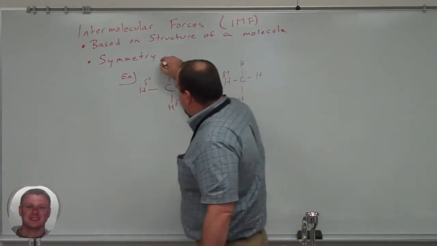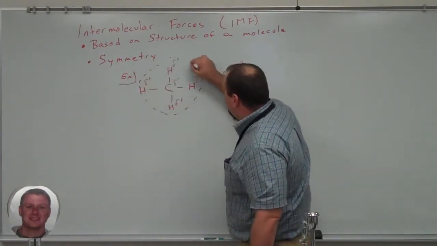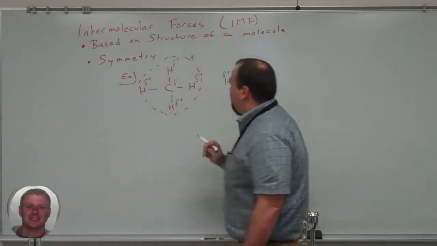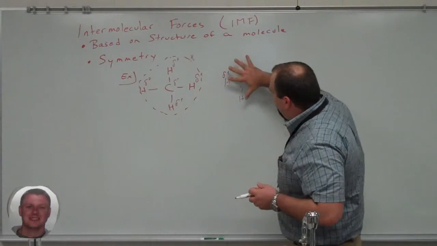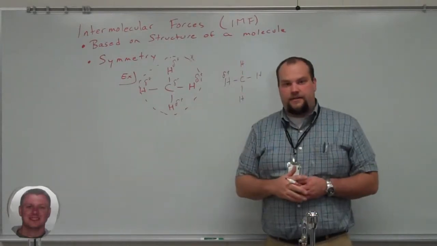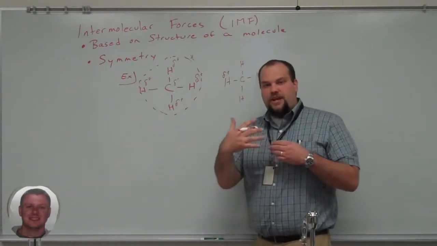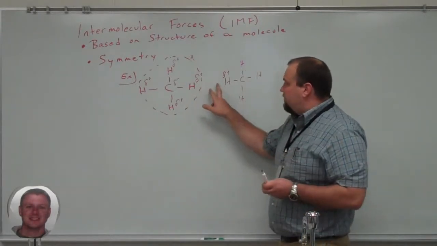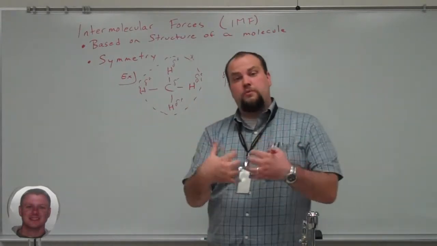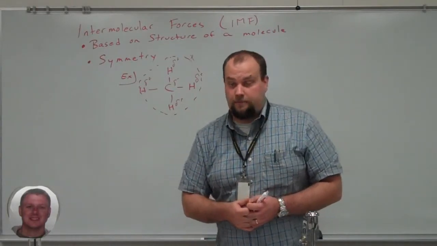It creates almost like a partial positive shield, and there's no way for these molecules to interact. That means there's no interactions between these molecules. In fact, there might even be a repulsion on a very small scale between these molecules.